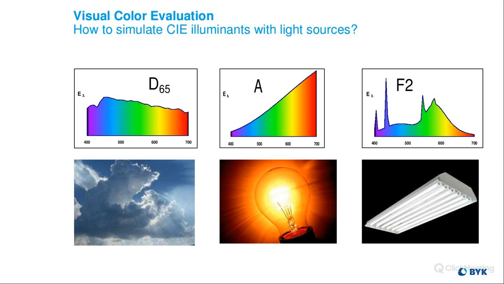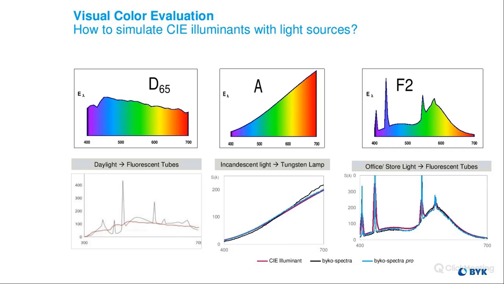So with these different light booths, we come into the question, how do we simulate the CIE standard illuminants the best? So we have these illuminants that are defined in these standards, but how do we actually create those colors? How do we distribute that light source? And so you'll see these are essentially how well you can replicate these curves. And with our Bico Spectra and our Bico Spectra Pro, they follow those curves almost pretty close to accurate.